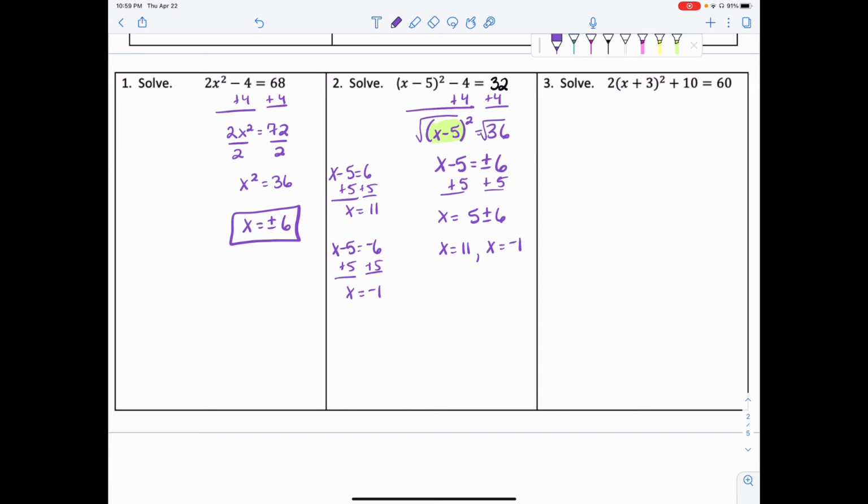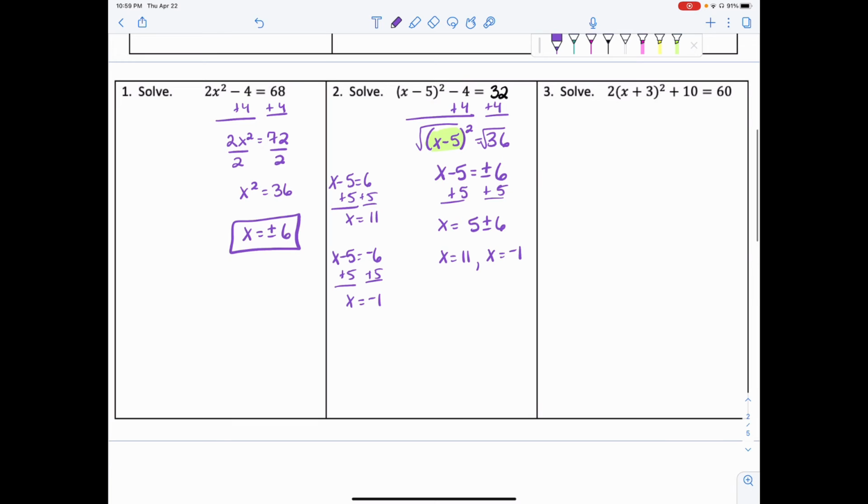And then the last example, number 3, is very similar, only we have more steps to isolate that squared parentheses first. So imagine if this just said like 2p, I'm using the p for the parentheses, 2p squared plus 10 equals 60.